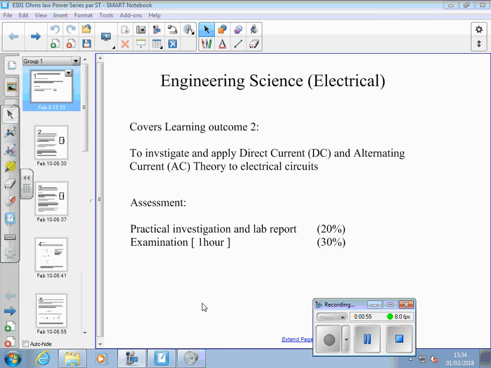You have to pass a minimum of 40% in each of those to pass overall. The practical investigation lab report is worth 20%, and the examination paper is worth 30%, sorry.